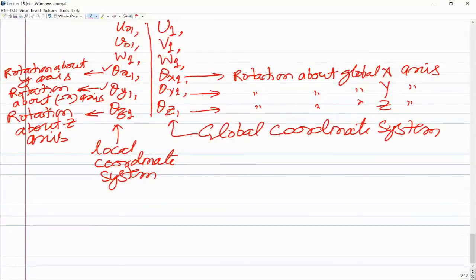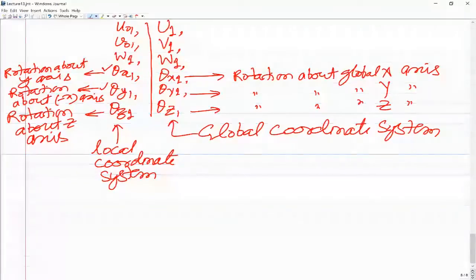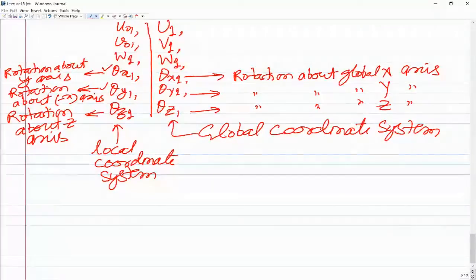I had explained it earlier also when we started with Mindlin plate theory. So this clarity should be there, the difference between what I have in the local coordinate system and in the global coordinate system.